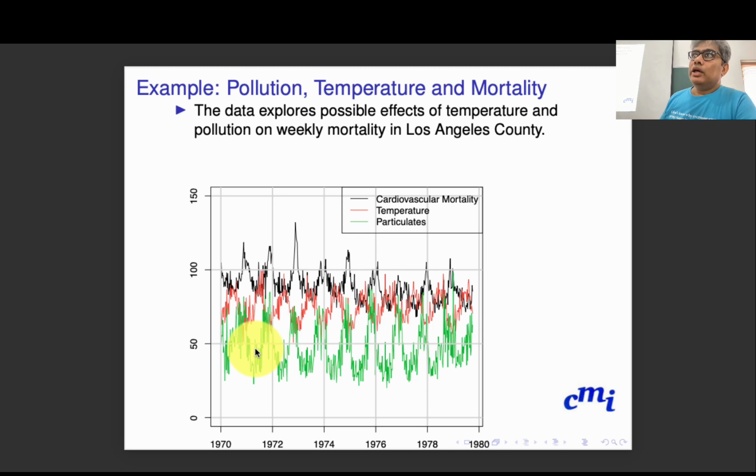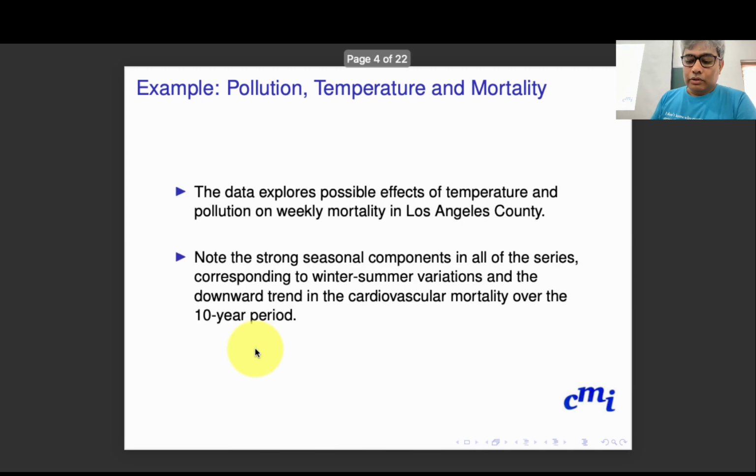Each of the series may have their own process to follow, and they are not necessarily causal. So with this kind of data, we explore the possible effect of temperature and pollution on weekly mortality in Los Angeles County.